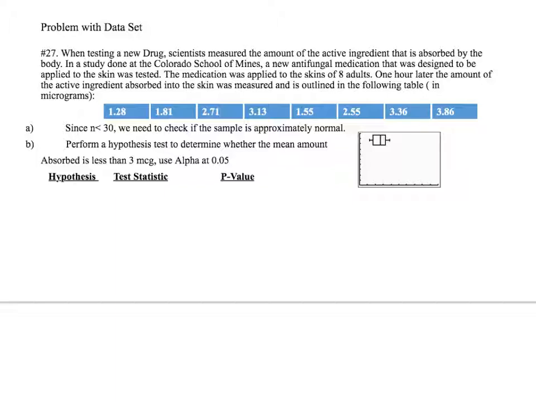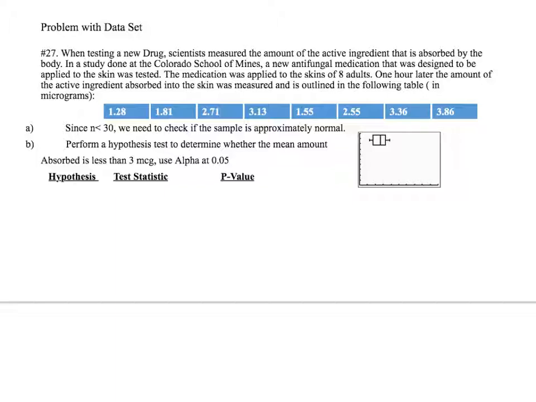In a study done at the Colorado School of Mines, a new fungal medication designed to be applied to the skin was tested. The medication was applied to the skin of 8 adults. One hour later, the amount of active ingredients absorbed into the skin was measured and outlined in the following table.